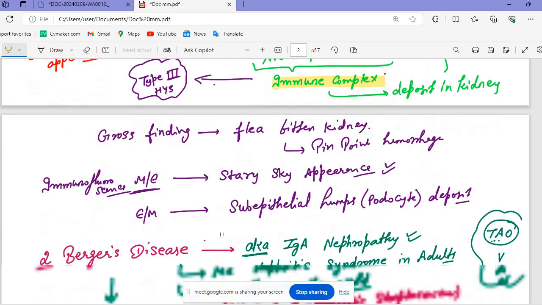The gross finding is the flea-bitten kidney with pinpoint hemorrhage, a starry sky appearance, and subepithelial humps or deposits. Now repeat with me: flea-bitten kidney, subepithelial humps at the podocytes, and starry sky appearance. This is seen in PSGN.